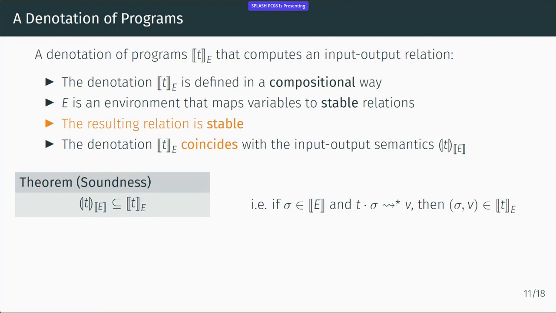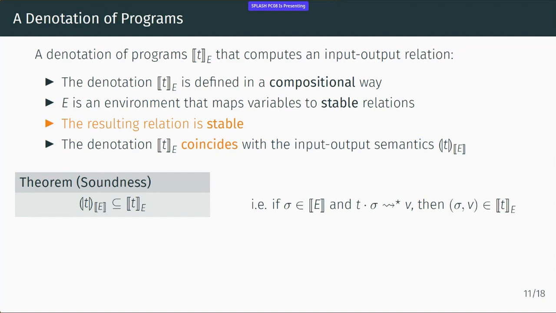So here I am following the definition. What does this theorem say? It says that if I take an input in the set of inputs that are admissible according to the environment E, and if I give these inputs to my program T and obtain a value V, then the pair sigma V is indeed in the denotation that I have just defined.